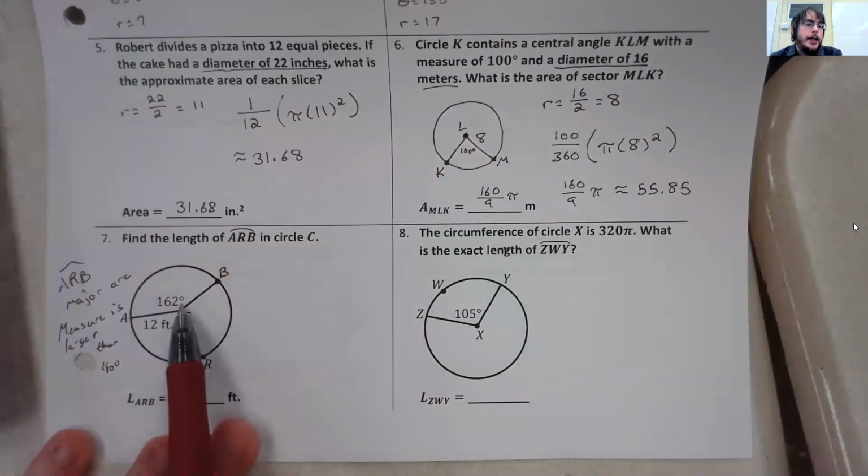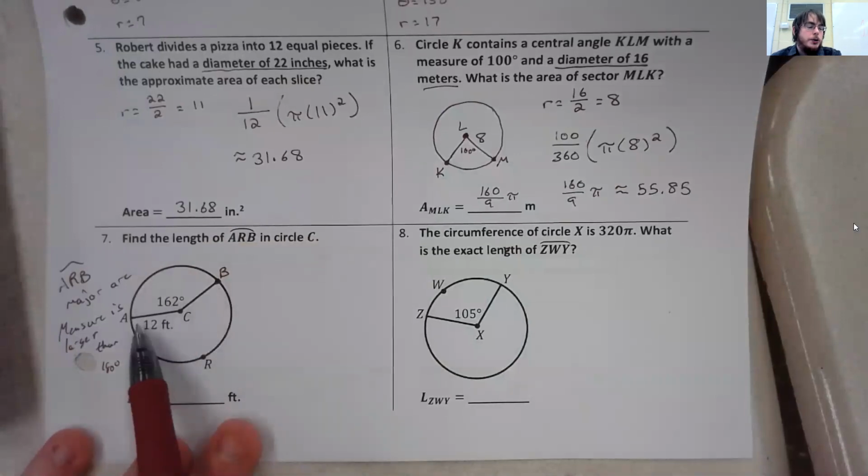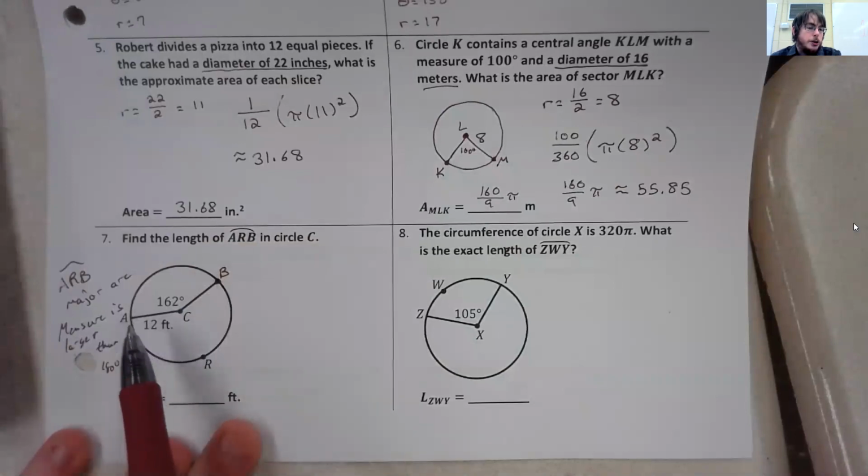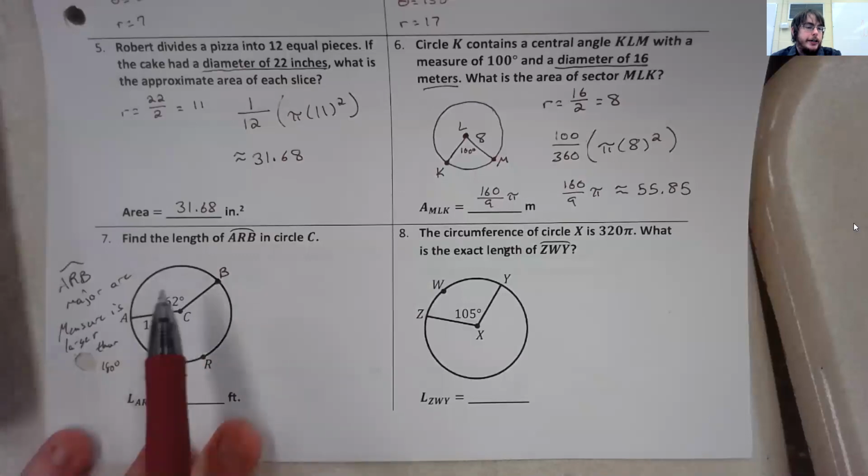If we look at the theta that we have here, is that angle corresponding to ARB, or is it corresponding to just AB? The answer is that it's only corresponding to AB. We know this is a major arc, so it has to be greater than 180 degrees. So how do we determine what theta deals with ARB?